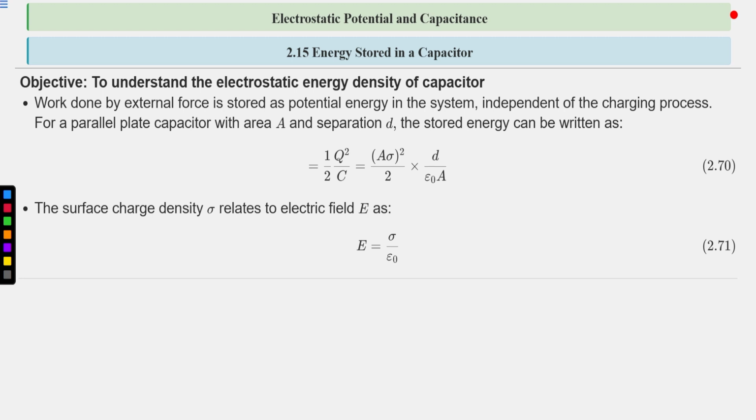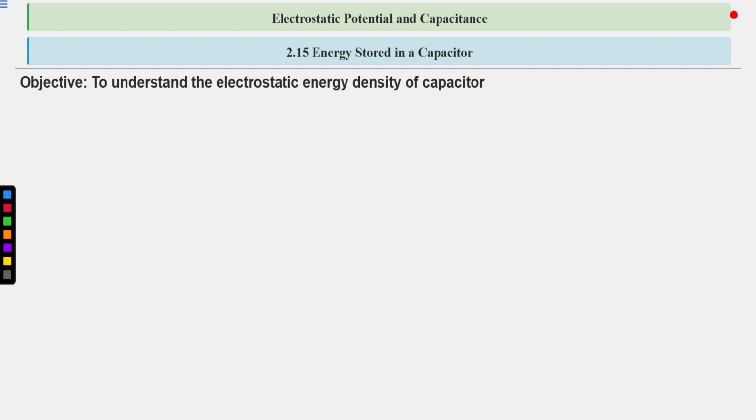After multiplying by epsilon naught above and below, it becomes epsilon naught squared below, and sigma squared upon epsilon naught squared will become electric field squared. Therefore, the energy stored becomes half epsilon naught E squared into AD.